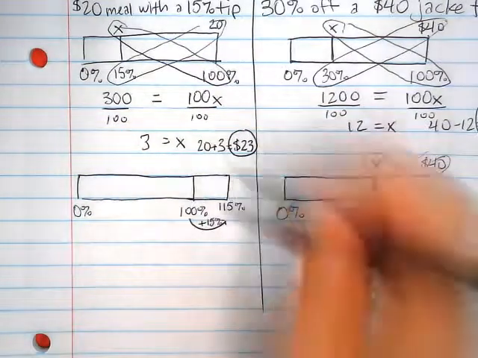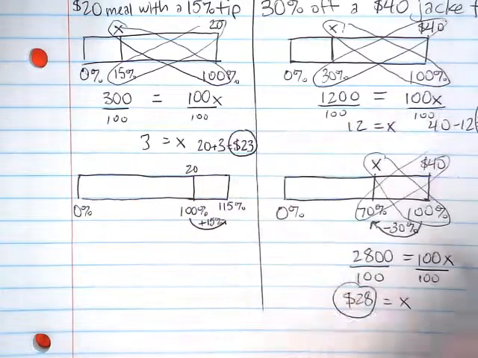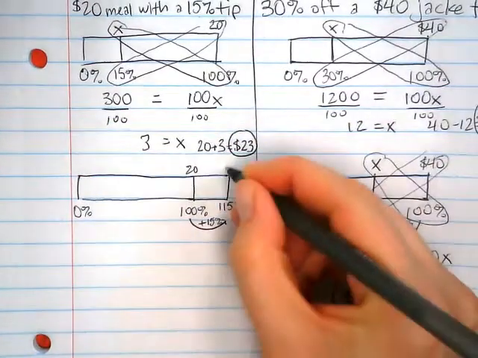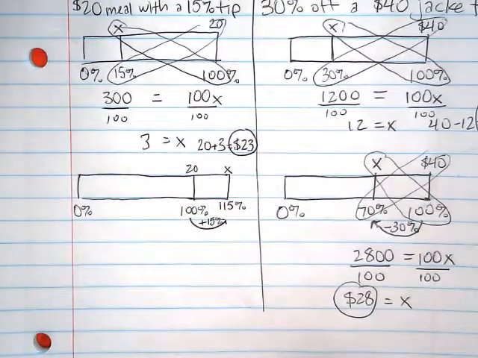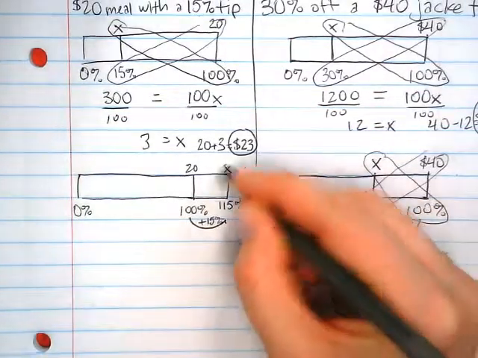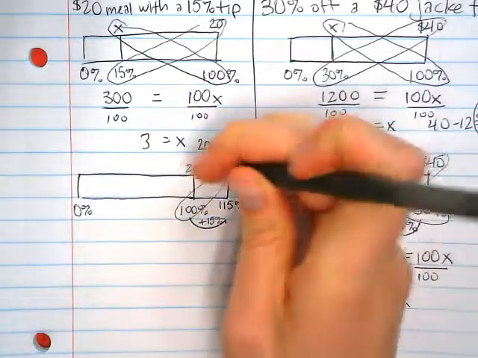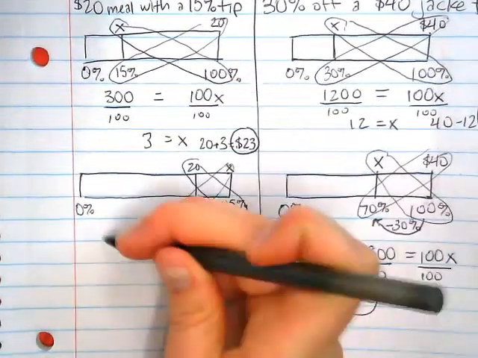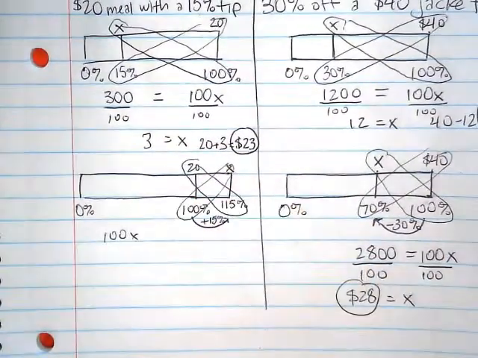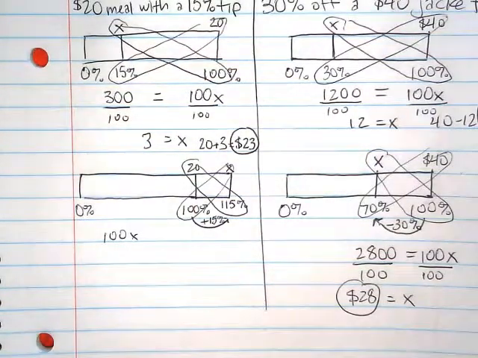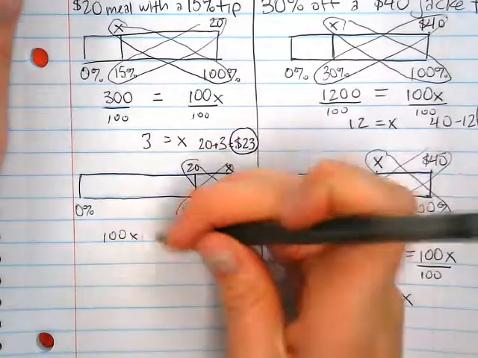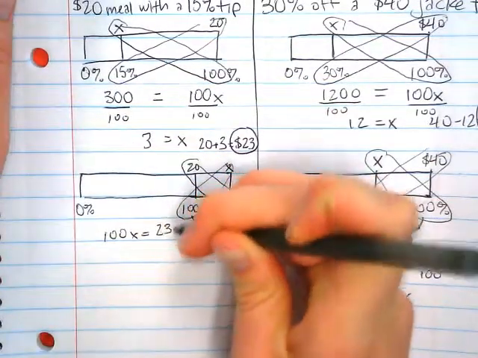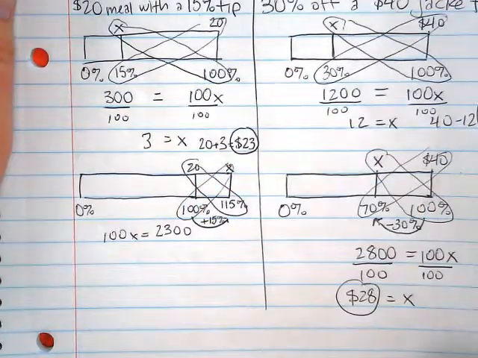My original meal cost $20. I don't know how much it's going to cost once we've added on that tip though. So now I can cross multiply. I get 100 times x is 100x, and 20 times 115 is 2,300.